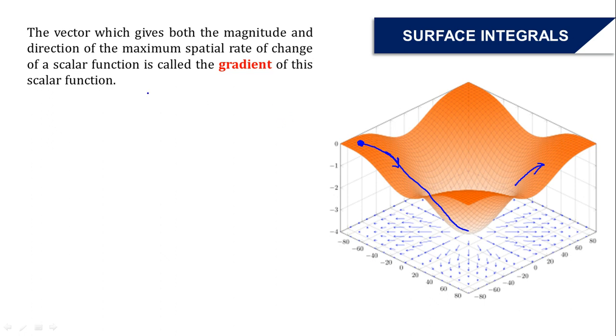Okay, let me repeat the definition of the gradient. The vector which gives both the magnitude and direction of the maximum spatial rate of change of a scalar function is called the gradient of this scalar function. Okay?